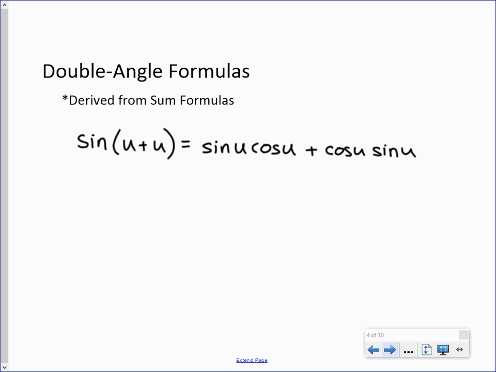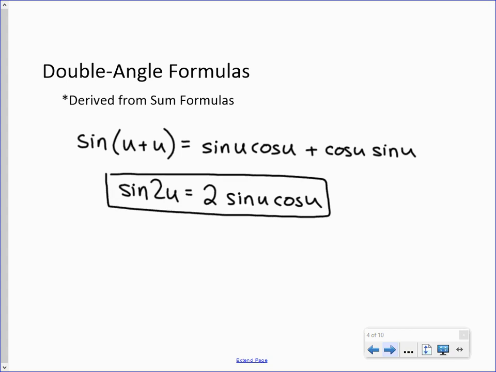So then they're like terms. You can add them together. There are two of them. 2 sine u, cosine u. And that's equal to the sine of 2u. So here we're calling this a double angle formula because we're not just taking the sine of a single angle u, we're taking the sine of double u. 2 sine u, cosine u.